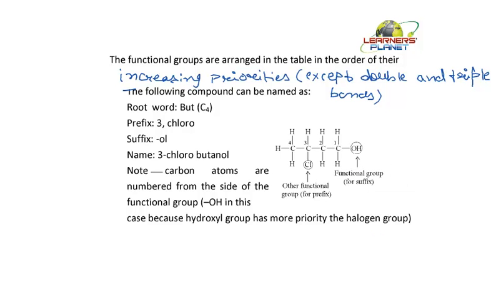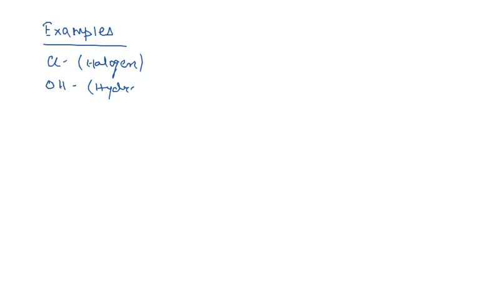Let's discuss a few more examples here. So shall I write the priorities? The halogen is the least. Then comes your hydroxy, OH. Then comes your aldehyde, that is the CHO group.